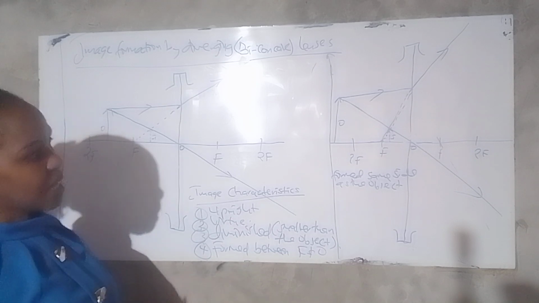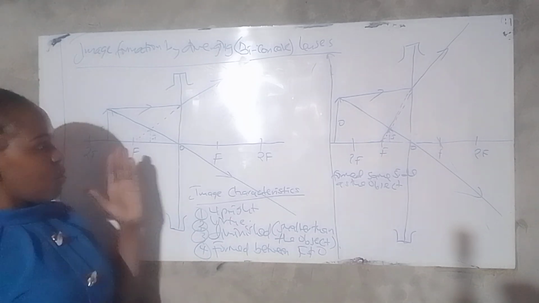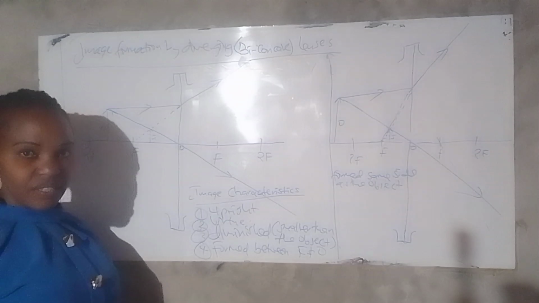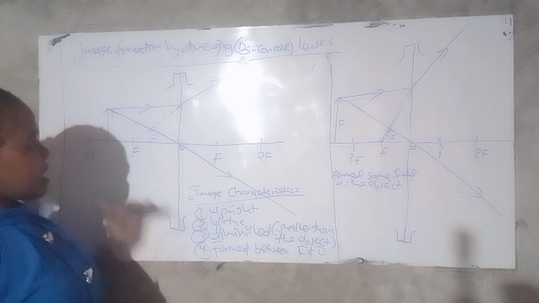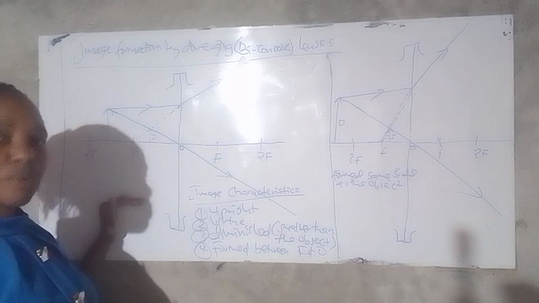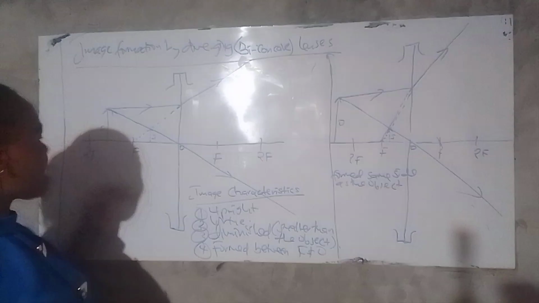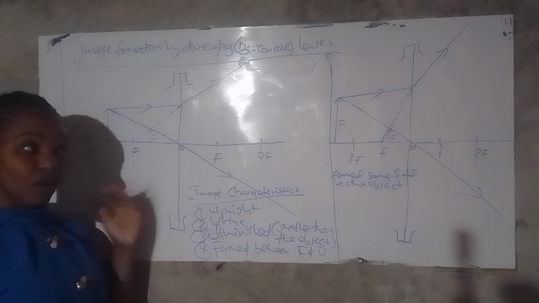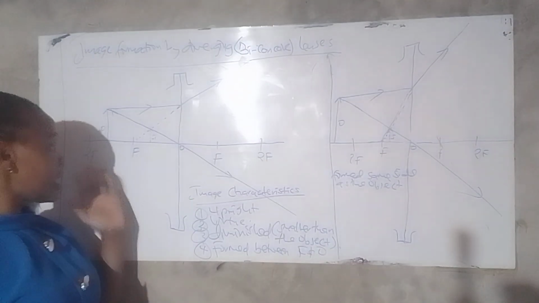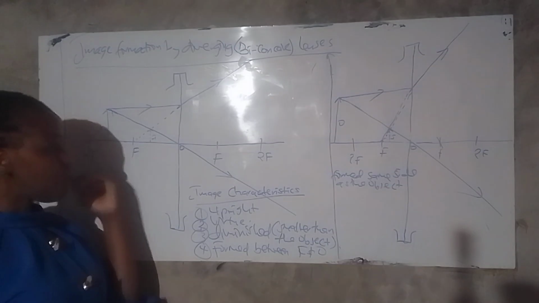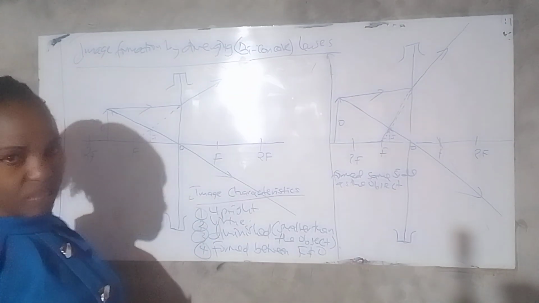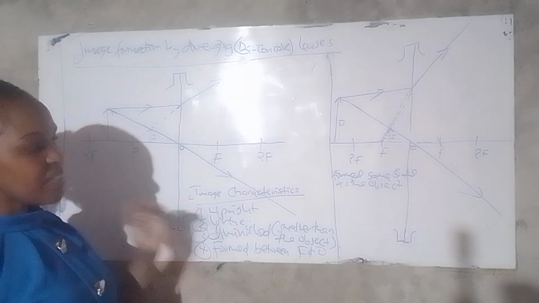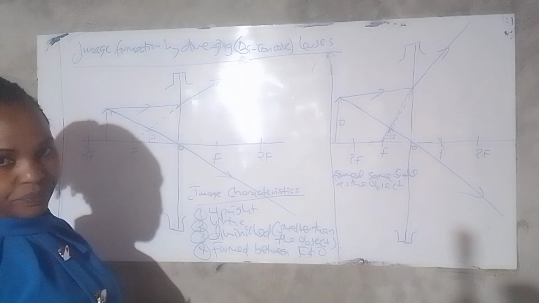Now, what I want to bring out here is, when we are using a diverging lens, that is a biconcave lens, irrespective of where we put our object, whether it is behind C or at C, between C and F, at F, or between F and O, regardless of the position of the object, the image characteristics will be the same.